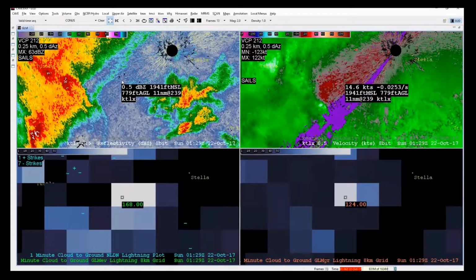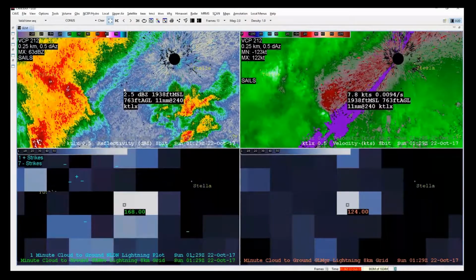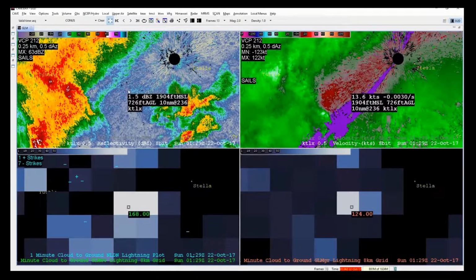It's an increase, but there it is. At 129Z, there's a significant uptick. Again, going back to this concept, you have this marked increase in the updraft strength to indicate that this is becoming severe.